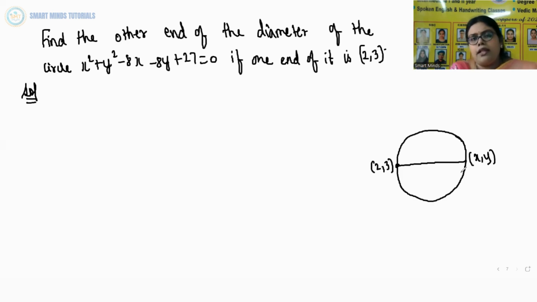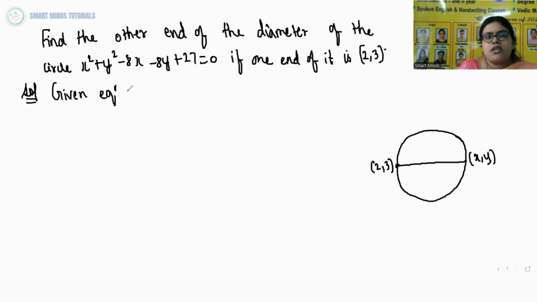Like in the last problem, both the ends of the diameter were given, so we used that formula x minus x1 into x minus x2 plus y minus y1 into y minus y2. But here because both the ends are not given to us, we cannot use that formula. Instead, equation of the circle is given.